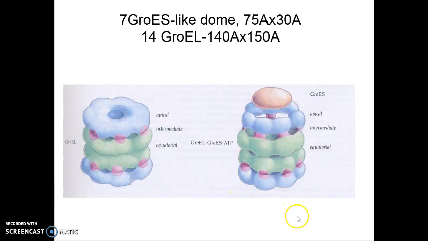This slide shows two different functional states of GroEL based on three-dimensional reconstruction, whether it binds to another partner, GroES.